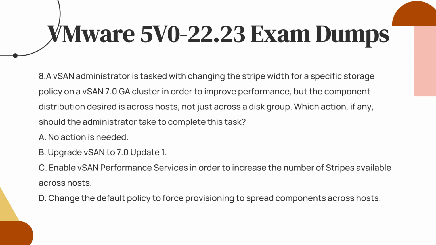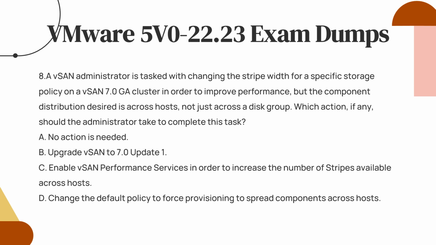8. A vSAN administrator is tasked with changing the stripe width for a specific storage policy on a vSAN 7.0 GA cluster in order to improve performance, but the component distribution desired is across hosts, not just across a disk group. Which action, if any, should the administrator take to complete this task?